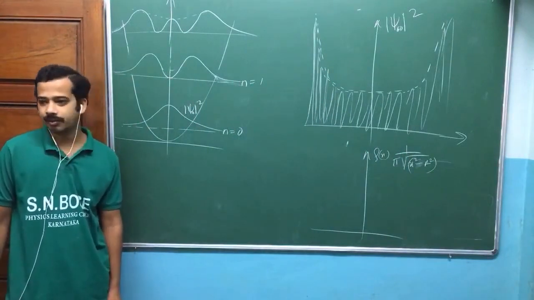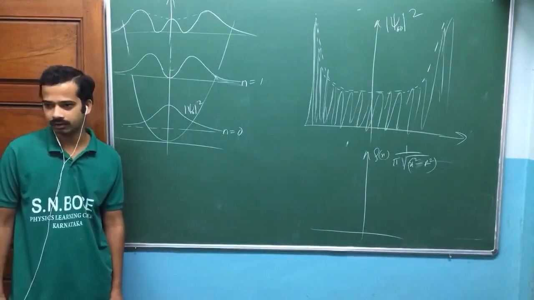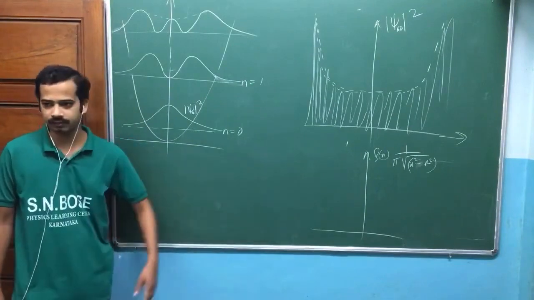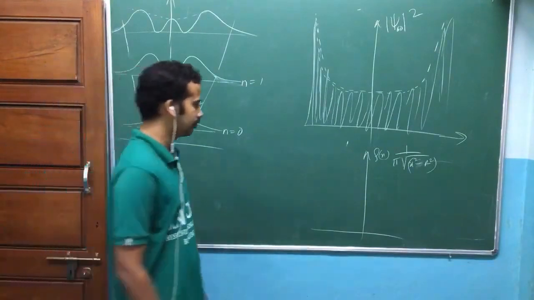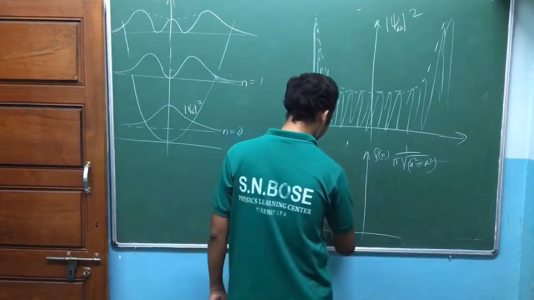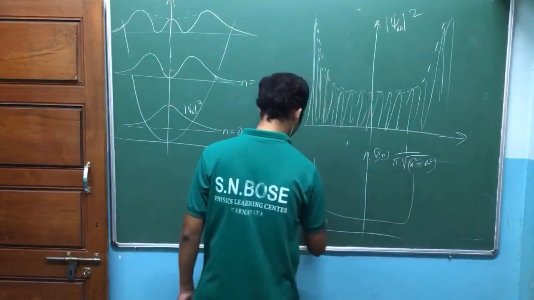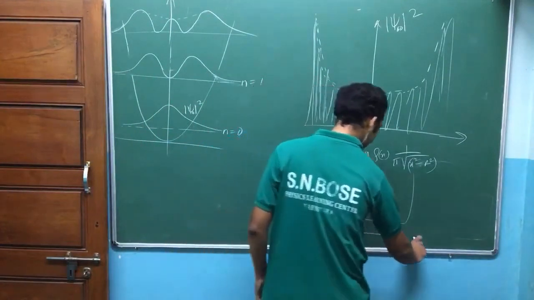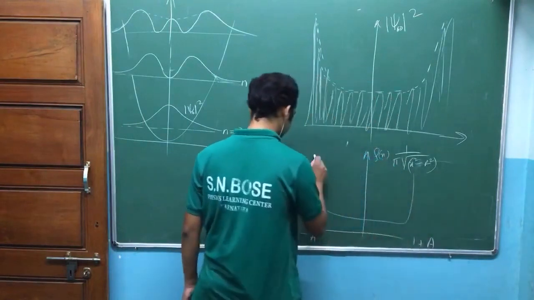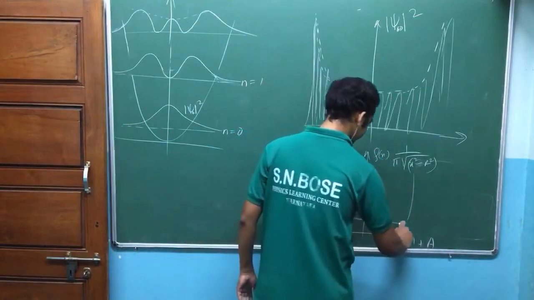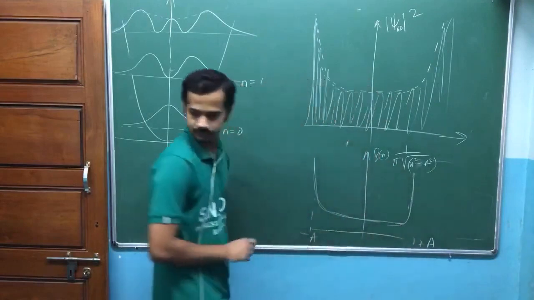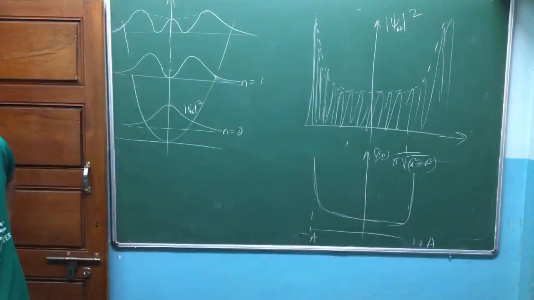Your classical probability density of the harmonic oscillator. When you plot that one, do you remember it is like this, where you have minus a here, plus a here. Am I right? Just check it out.